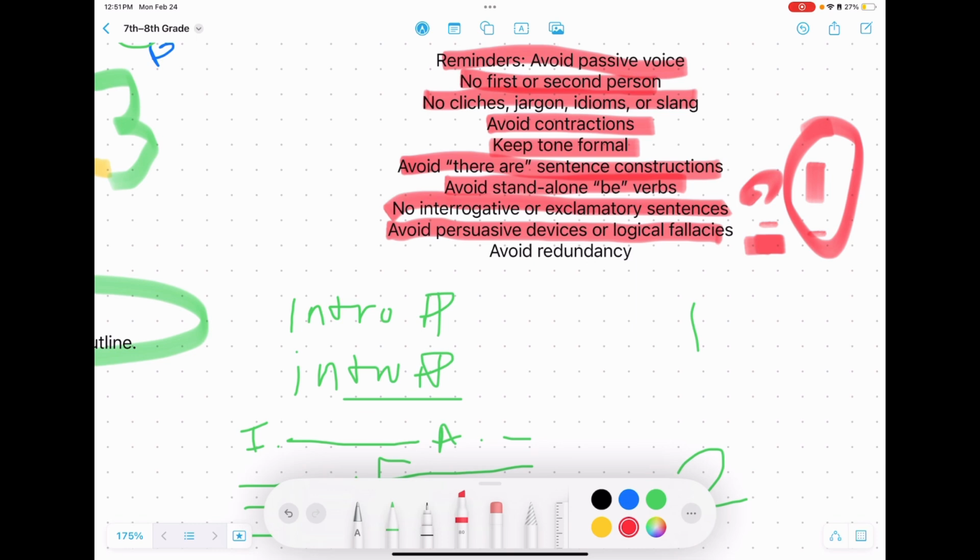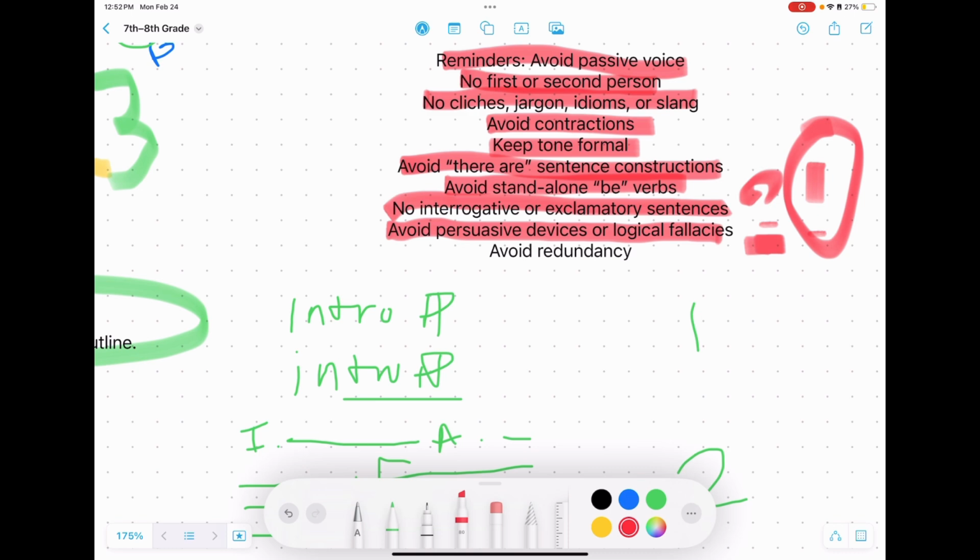Avoid persuasive devices or logical fallacies, which is part of what I'm hinting at with the question marks. We will cover at the very end of the semester, after the research is done, how to write persuasively.